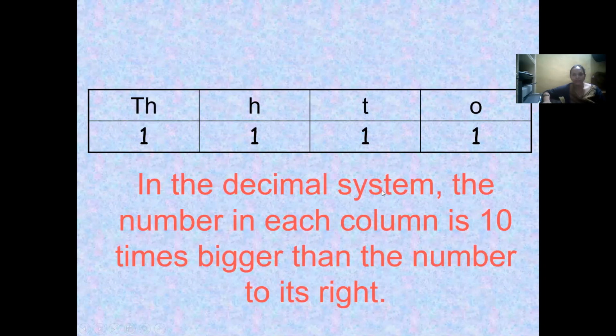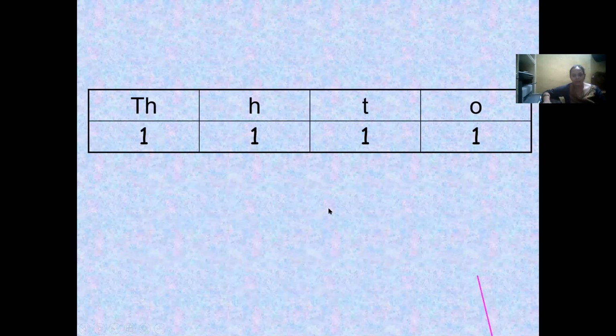See, numbers in the Indian system are written as 1, 10, 100, 1000. So 1 is represented by one small cube.